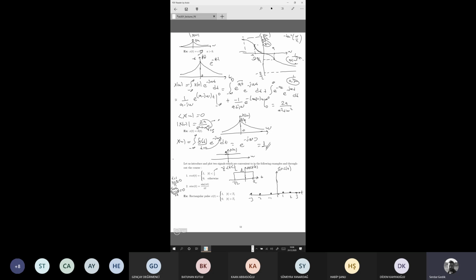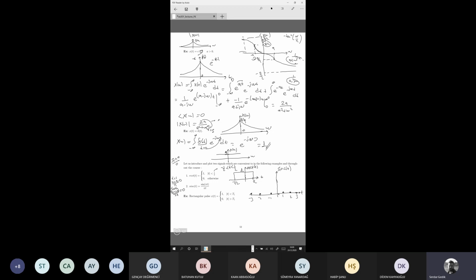At t equals 0, I have sine 0 over 0. Well, sine 0 over 0 should remind you of L'Hopital's rule, which solves such ambiguity, 0 over 0 or infinity over infinity. It tells you to take the derivative of the numerator, take the derivative of the denominator, and evaluate the limit once more.